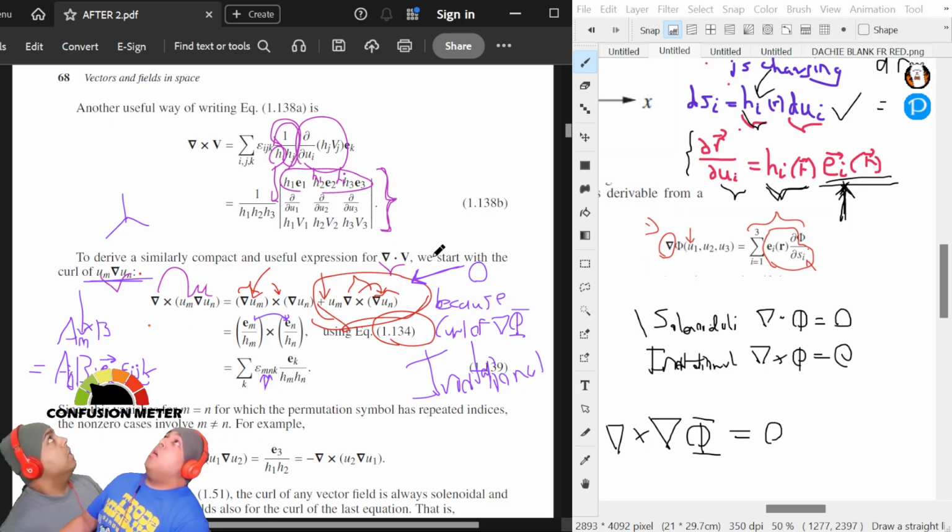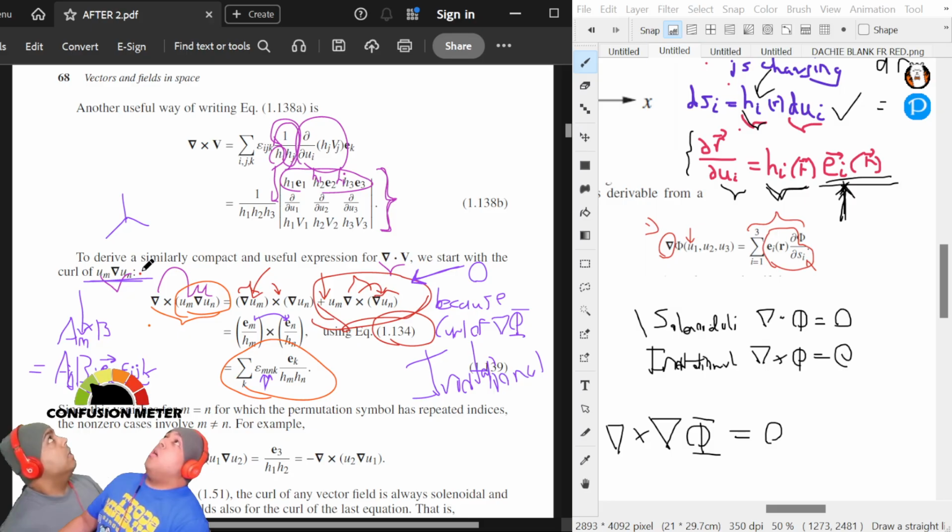MNK, yeah, yeah. The curl of whatever this is, this. UM, UN. Since this vanishes for M equal N, that's just how Levi-Civitas are.